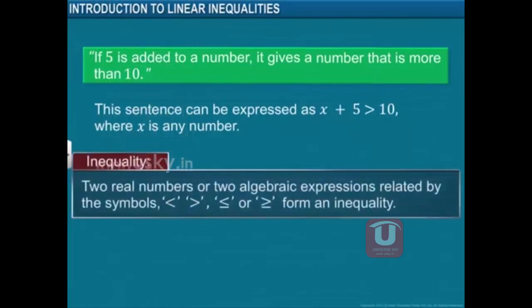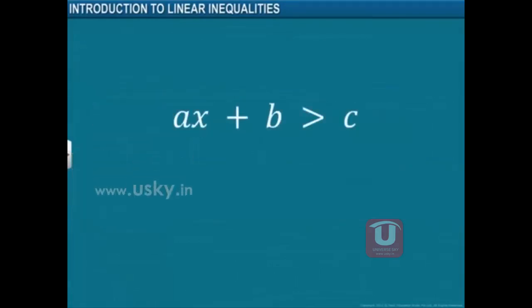Two real numbers or two algebraic expressions related by the symbols less than, greater than, less than or equal to, or greater than or equal to, form an inequality. Shown here is a linear inequality in one variable. Here the term one variable represents the variable x in the inequality.